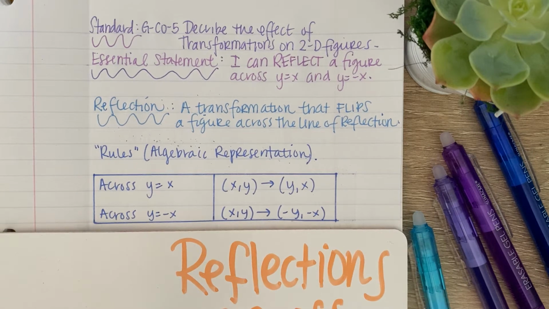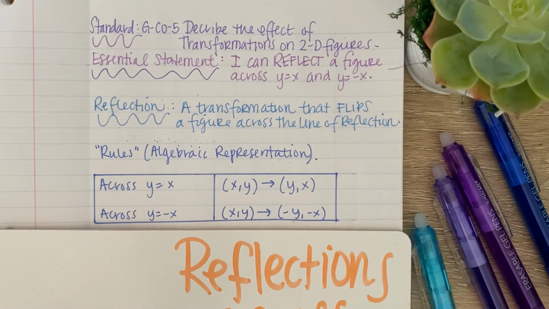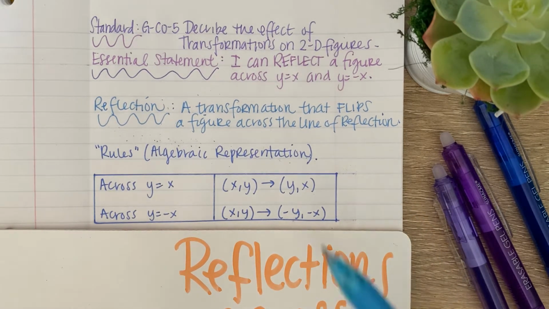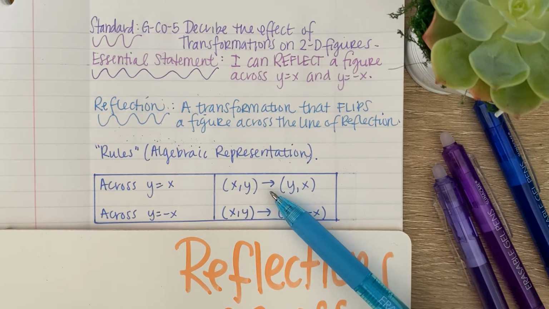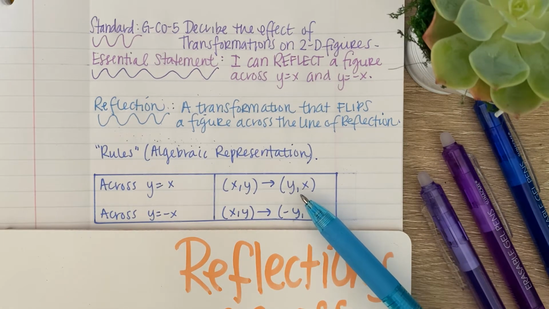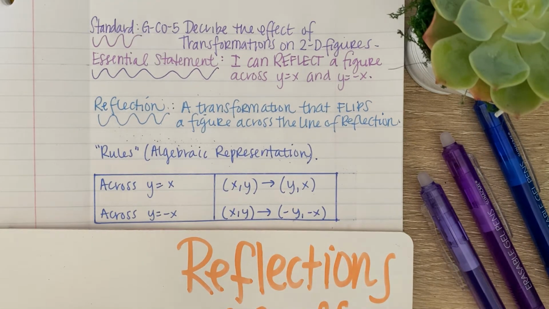When we are reflecting across y equals x, you look to see what actually happens to our ordered pair. So our ordered pair x comma y goes to y comma x. So you actually take your ordered pair and you flip the y and the x.